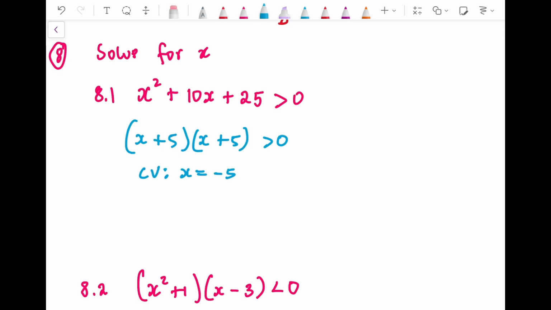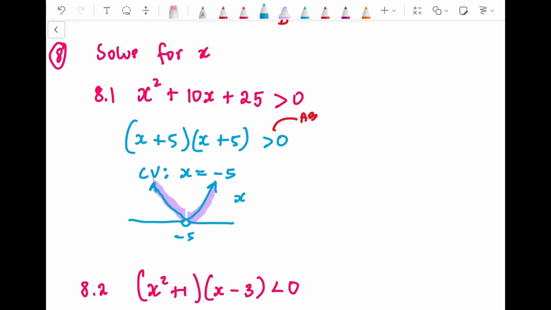So it will be something like this, and here is our parabola. Now you will realize that this parabola is above the line. We are looking for greater than 0, so above. You can see that the parabola is above everywhere, except at −5, because −5 is not included.